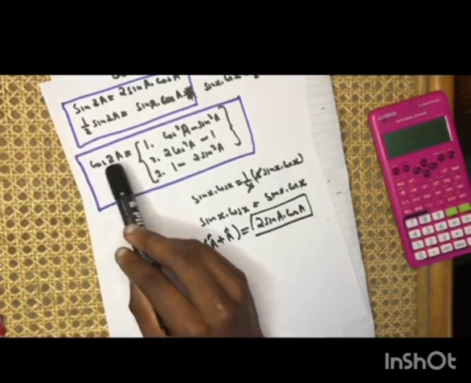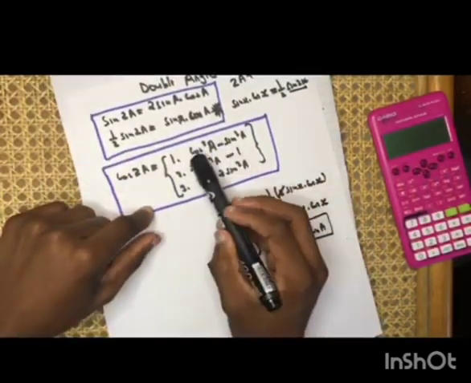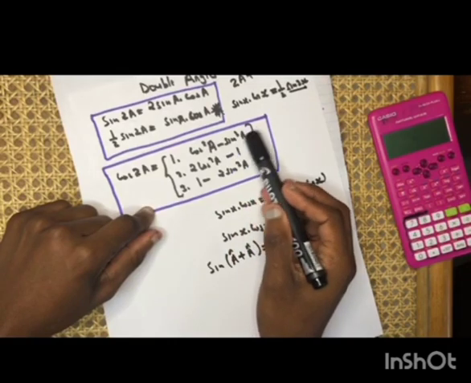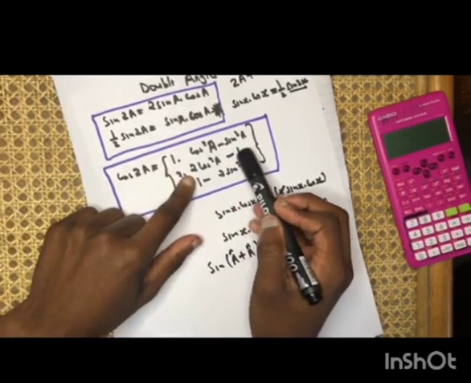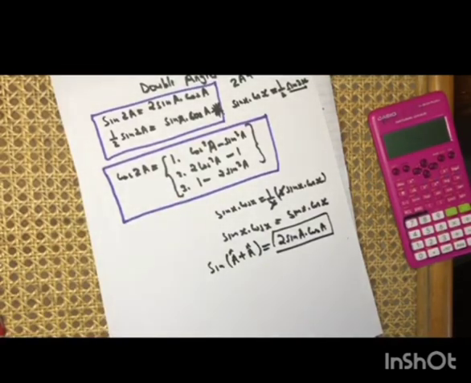So then you have the double angle of cos. Cos, guys, has three personalities, which is cos squared A minus sine squared A, and 2 cos squared A minus 1, and 1 minus 2 sine squared A.